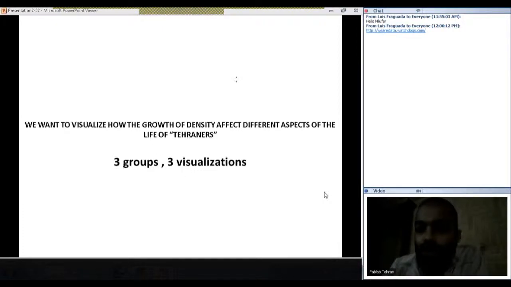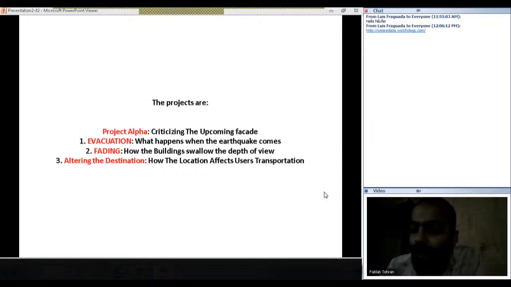So we want to see how this growth of density, this explosion of buildings in Tehran, is affecting the daily life of Tehranis. We have seven participants here, so we're going to have 3 groups and 3 visualizations, and we also have a project that we temporarily call Project Alpha.